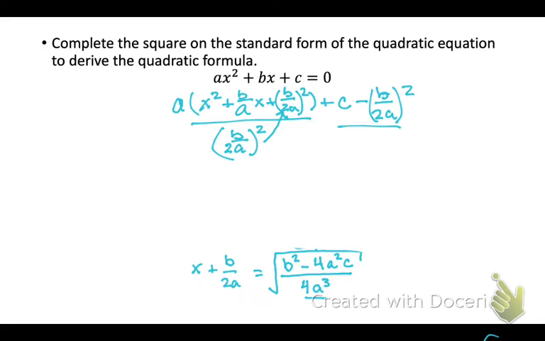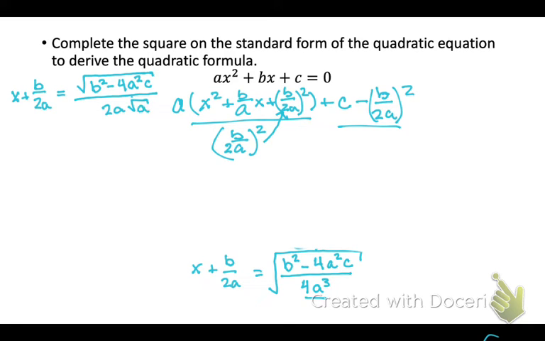So I have x plus b over 2a equals the square root of b squared minus 4a, for a squared c, all over 2a square root of a.